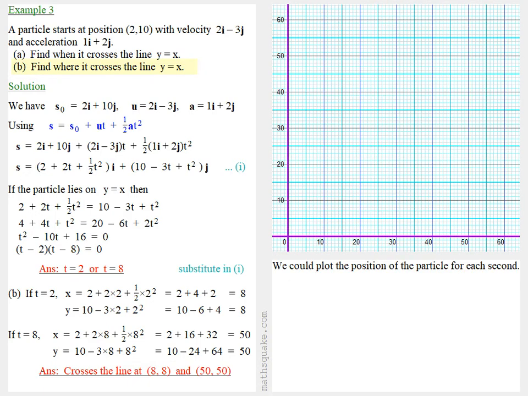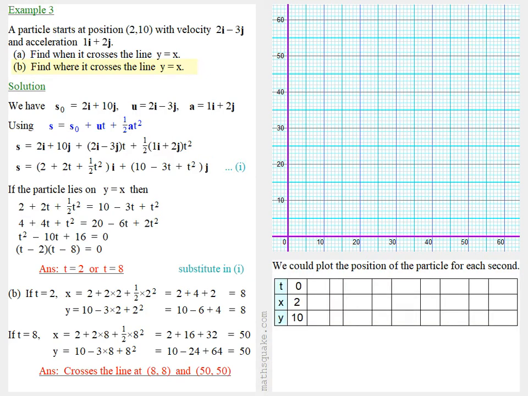Now we could plot the position of the particle for each second. Let's draw a table. If t is 0, x is 2 and y is 10. We can plot this point. If t is 1, then x is 4.5 and y is 8. If t is 2, x is 8 and y is 8.